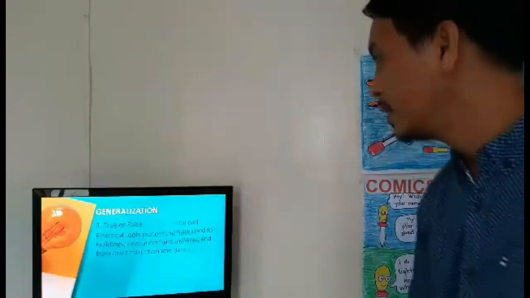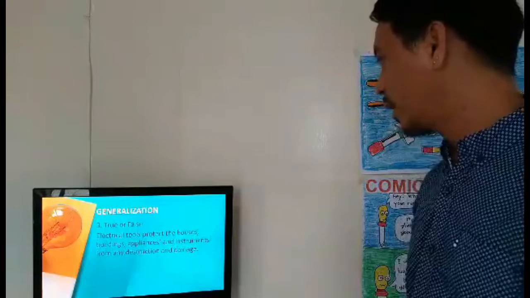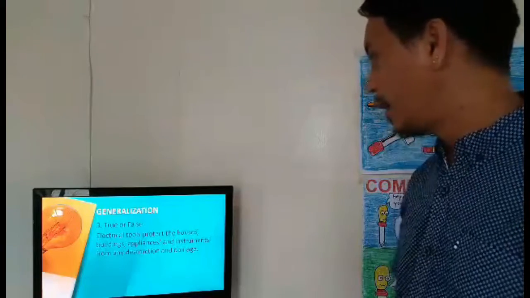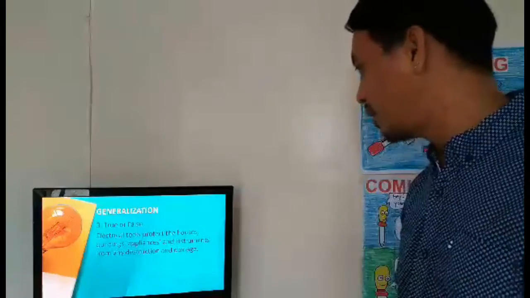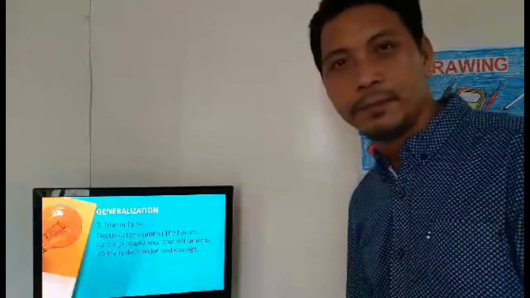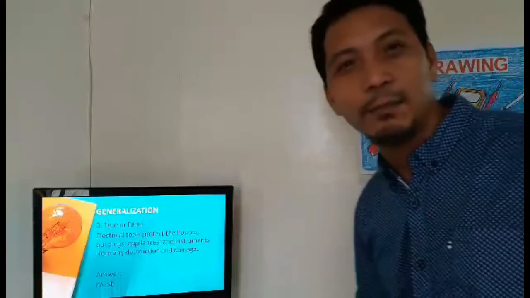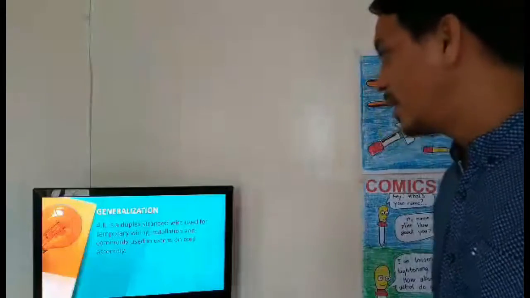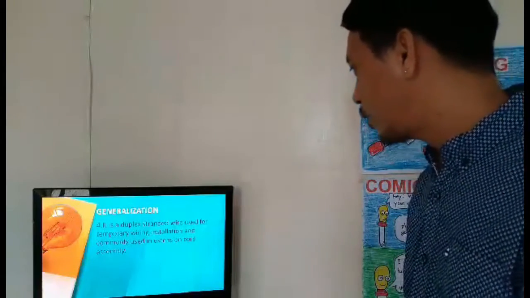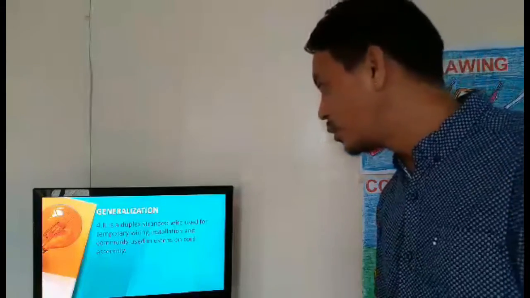The next, screw or pulse. Electrical tools protect the houses, buildings, appliances, and instruments from any destruction and damage. Very good. The answer is pulse. Number 4. It is a duplex stranded wire used for temporary wiring installation and commonly used in extension cord assembly.